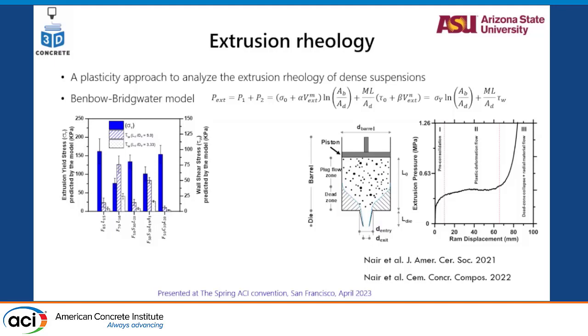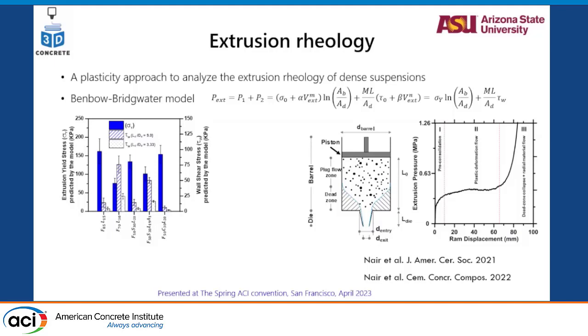Your material will start to undergo changes under pressure, under extrusion. And you can quantify that using a plasticity approach, a Benbow-Bridgewater model, from which you can get a yield stress and a wall shear stress that is related to the parameters after the mix is subjected to a certain process. What that gets you is actually the yield stress that you need to push through the material.